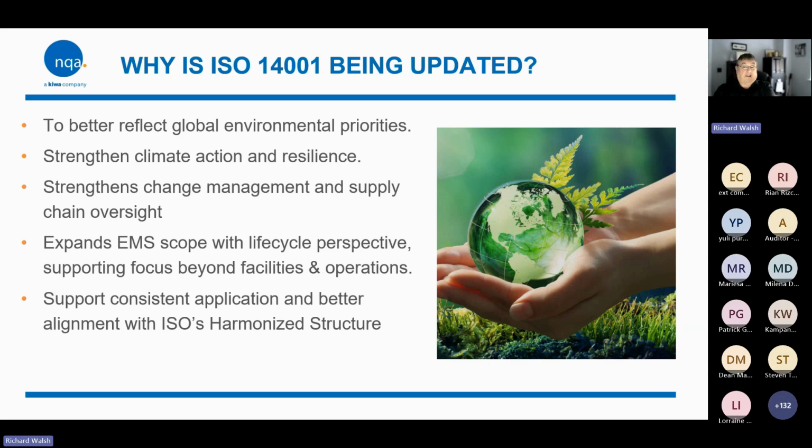And it has been tweaked a little to make it more consistent and better aligned with Annex SL, which is the ISO harmonised structure for all management systems. So there's a couple of areas where it's been brought into line with some of the other parallel standards.